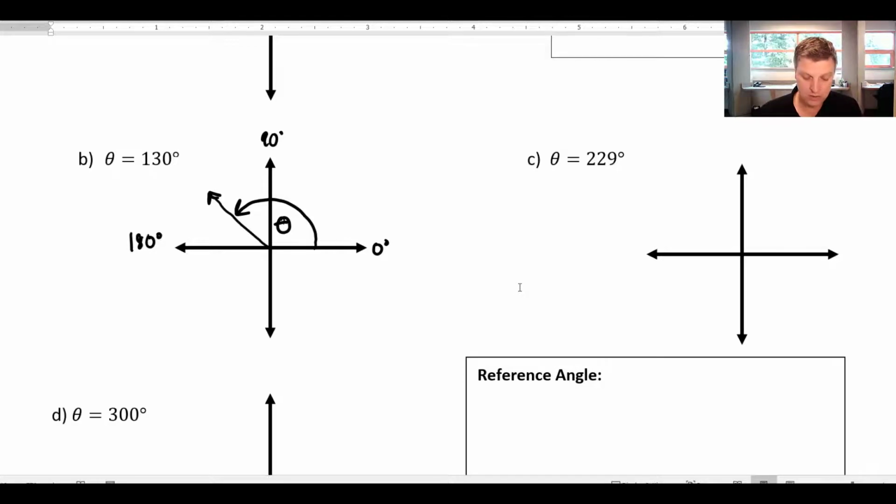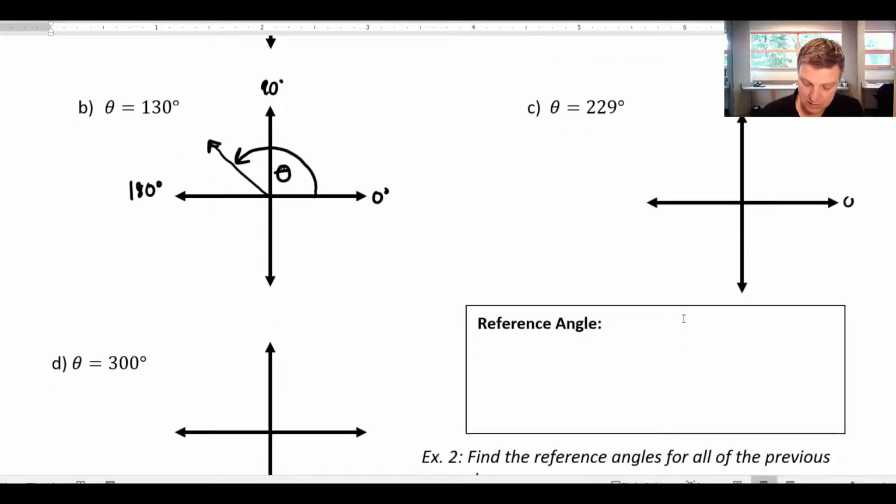Okay, 229 degrees, well again, this is 0, 90, 180, and 270. So 229 is going to be past 180, not to 270, so maybe somewhere over here. I'll draw that as 229 degrees.